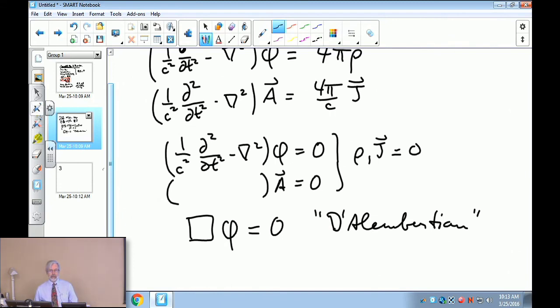And that's a very simple way to write the wave equation. Square acting on phi is 0, or square acting on A is 0. Or also, away from the source, square acting on E is 0, and square acting on B is 0. It's mathematically formally the same equation.